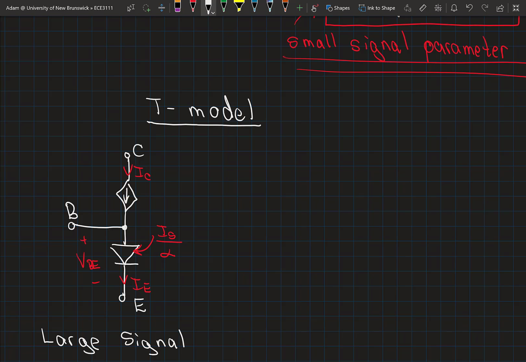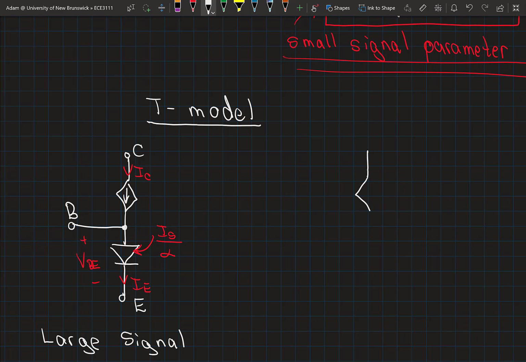That greatly simplified our analysis, but if we want it to be precise, the analysis is in fact exponential in nature and is much more complicated. But we've tended to be happy with just using this constant voltage drop model, and we'll continue to do that.